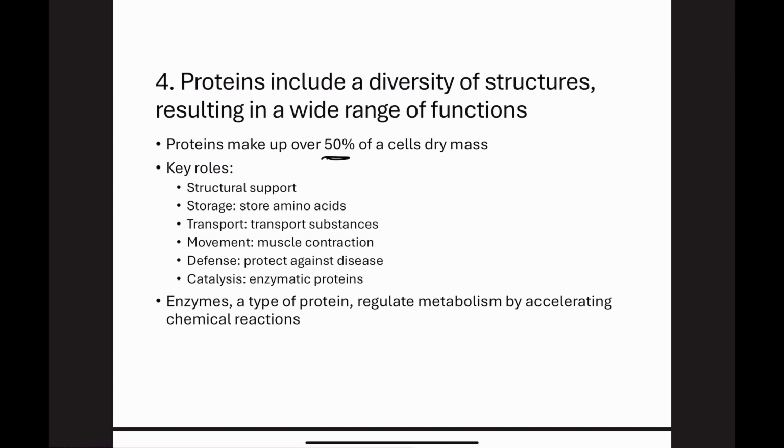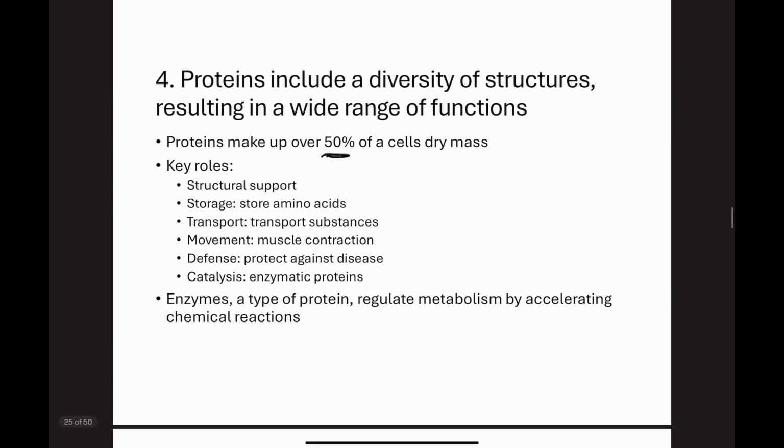And we have different kinds of proteins, and they all do different roles. They include structural support, storage, transportation, cellular communication, movement, and they even defend against foreign substances. But most importantly, our proteins include enzymes.